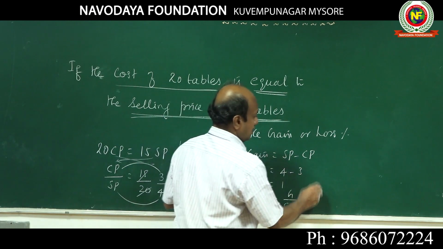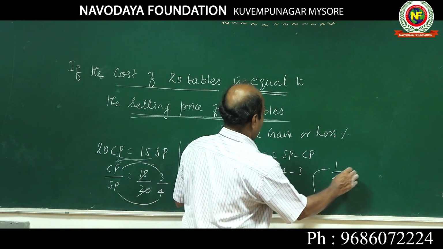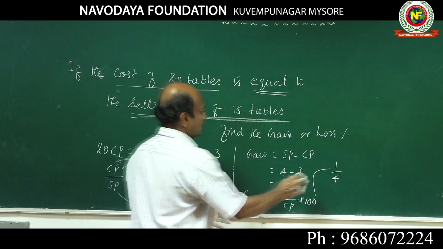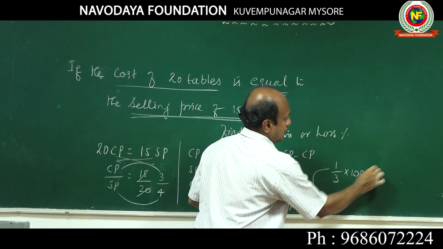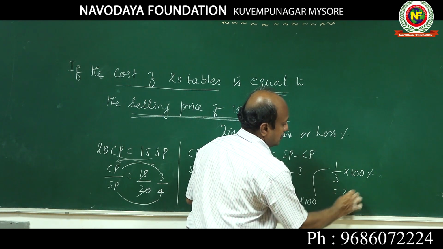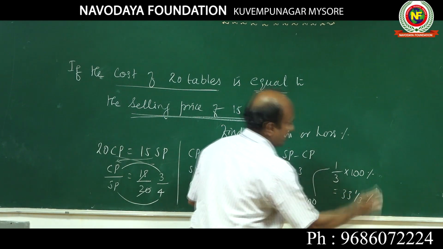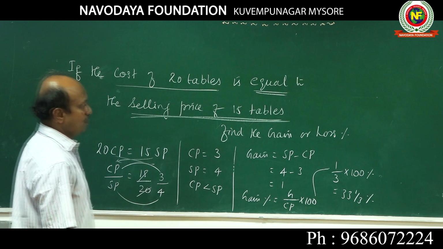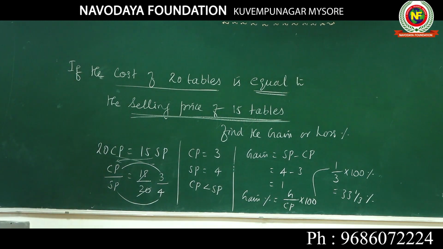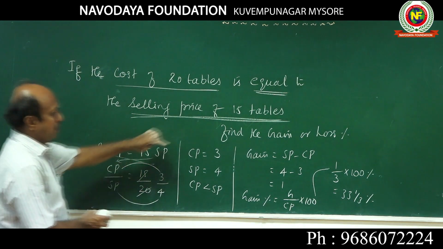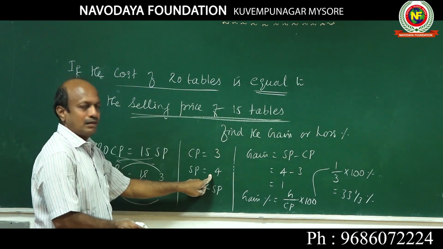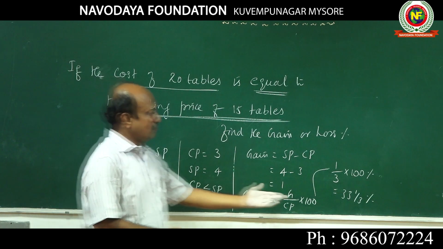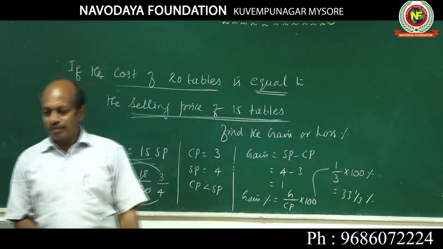That is 1 by 3 into 100 percent, which is 33 1 by 3 percent. Therefore, the overall gain is 33 1 by 3 percent. That means if you invest 3, we will be fetching 4. The gain is 1 out of 3, and 1 out of 3 is 33 1 by 3 percent.